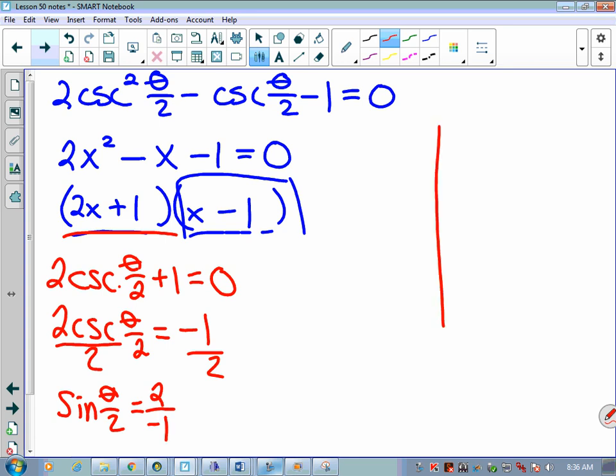Let's see. This is going to come out funky on that. For some reason, the only answer that I'm showing up with on this is just that 180 degrees.